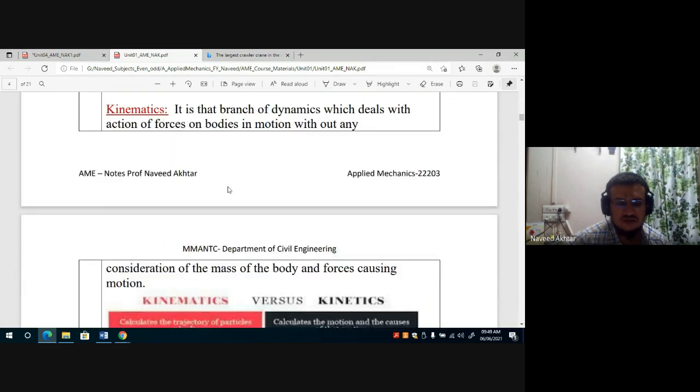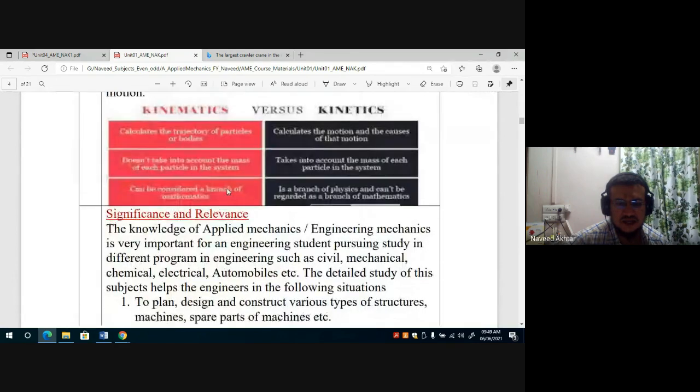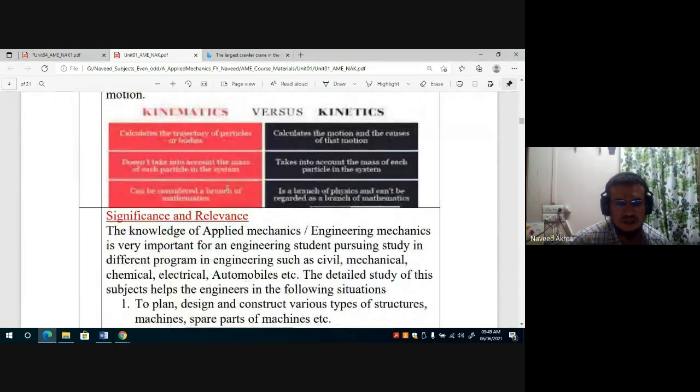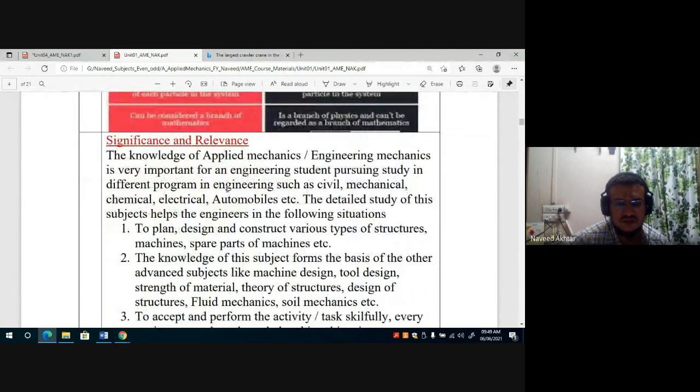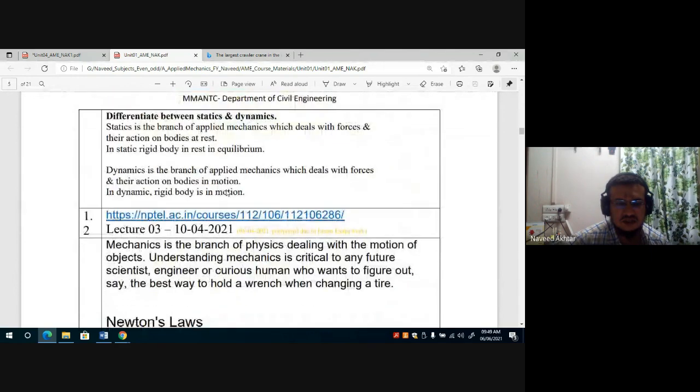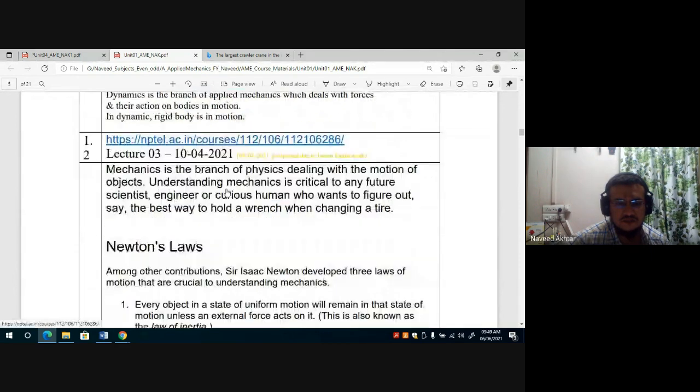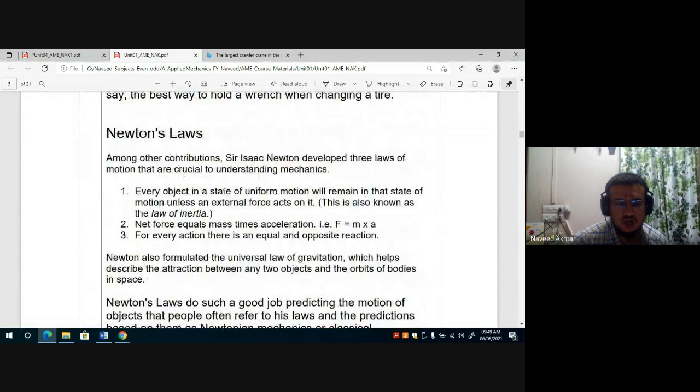Then we have seen the difference between kinematics and kinetics, and the significance and relevance of the subject. Then we have seen Newton's laws. What is Newton's first law? Every object in a state of uniform motion will remain in the state of motion unless an external force acts on it.